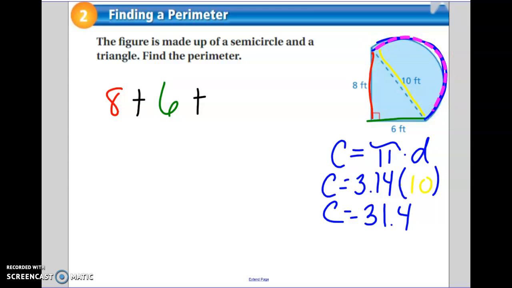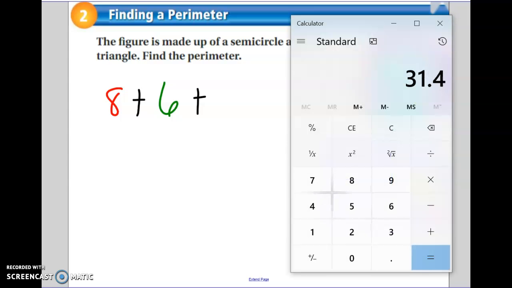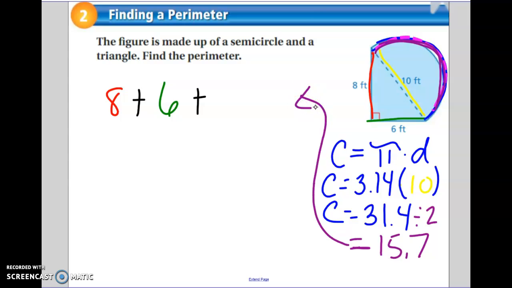And so our last step here is we want just that semicircle. So we're going to divide that guy in half. Let's do 31.4 divided by 2 equals 15.7. So this half piece here is, what did I say? 15.7. And that is what we want to add as part of the outside.